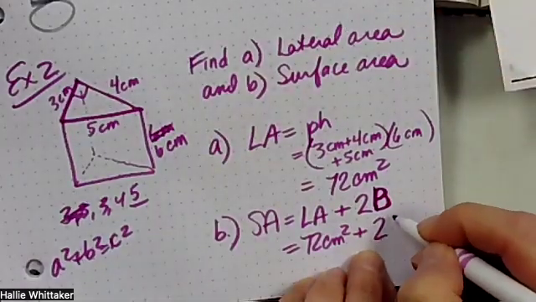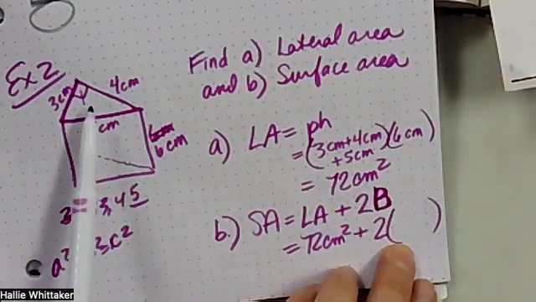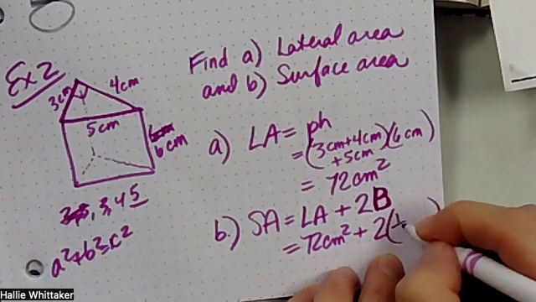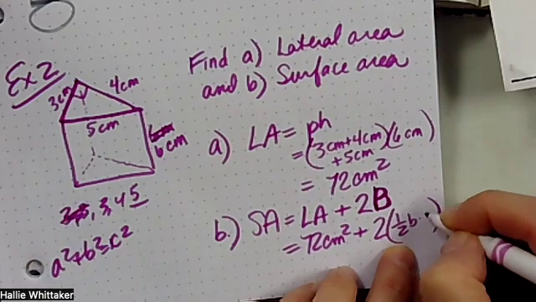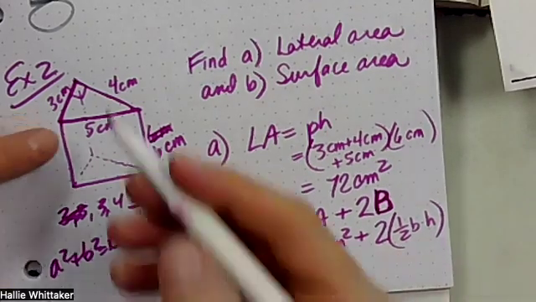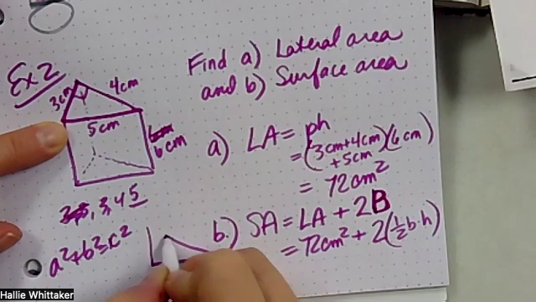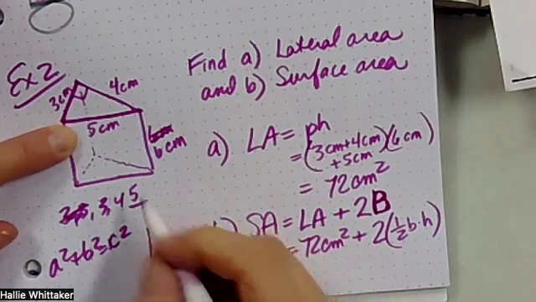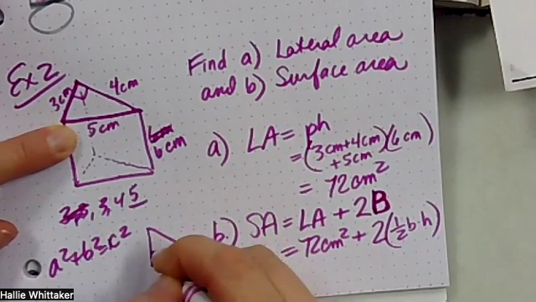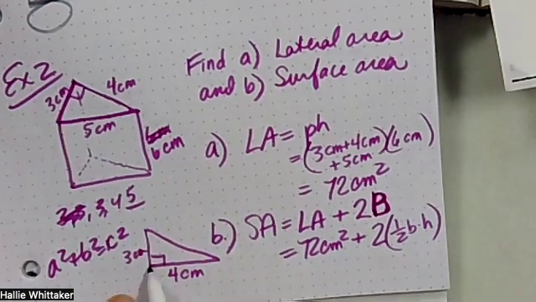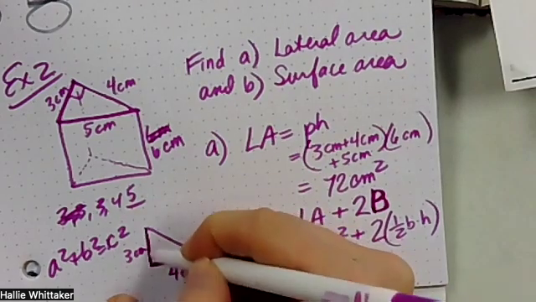So it's 2 times. Now, what's the area of a triangle? You got it. 1/2 the little b times the h. And it just so happens they've been so nice to give you this lovely little right triangle with this being 4 and this side being 3, and it's a right angle. So we've got our base, we've got our height.